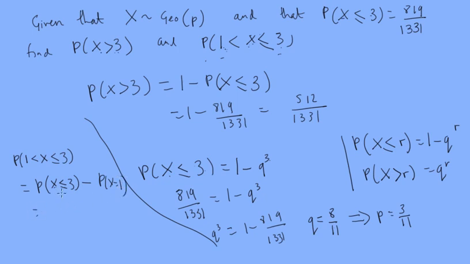We're given this is just 819 over 1331, and the probability when x equals 1 is just 3 over 11, and that gives us 456 over 1331. So hope that helps.